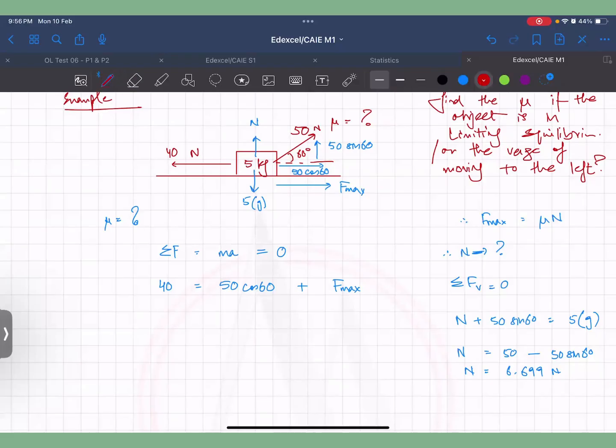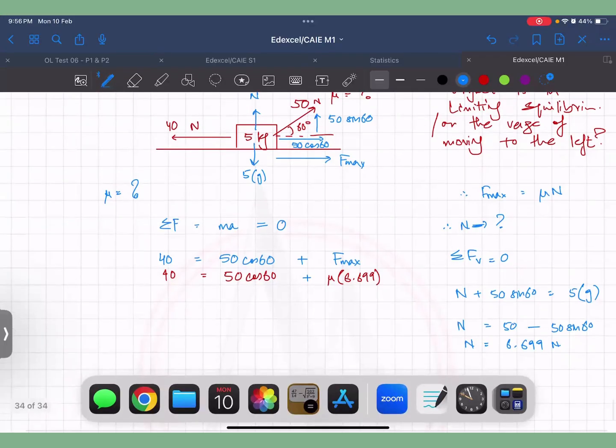Now you can replace the N over here. So F max would be equal to mu times 6.699. On the other side, 40 and 50 cos 60. The 50 cos 60, when it goes to the other side, subtracts.